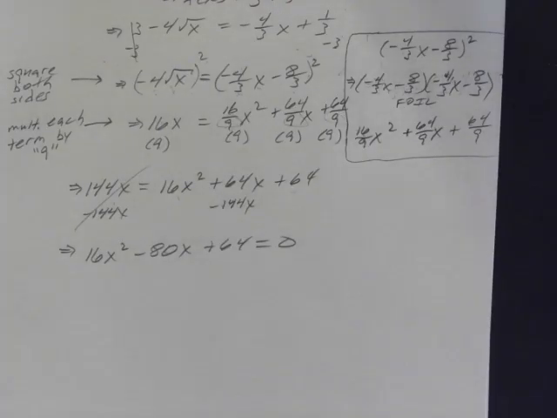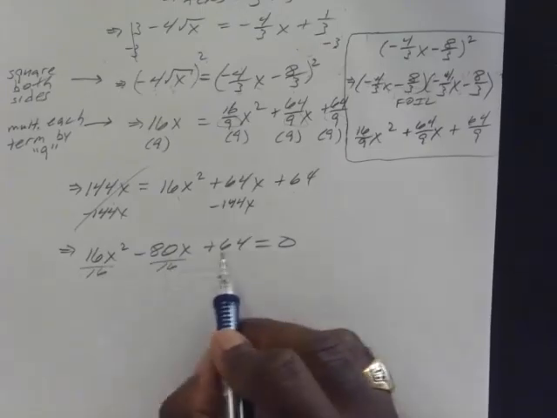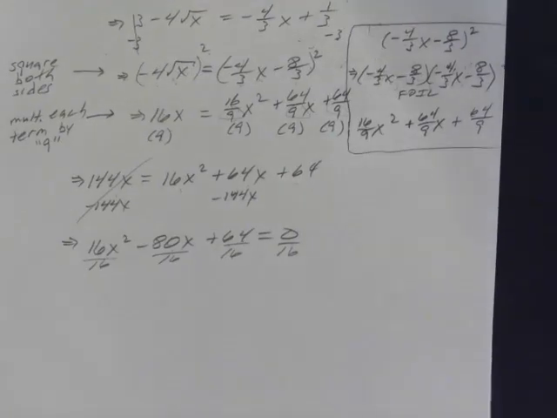And again, we could solve this using a couple of different methods, but whenever possible, try to simplify it as far as you can, because you can turn something really crazy into something a little more manageable. So this one, these are all multiples of 16. So we can actually just go ahead and divide each term by 16, or you can multiply each one by 1 over 16, same thing.